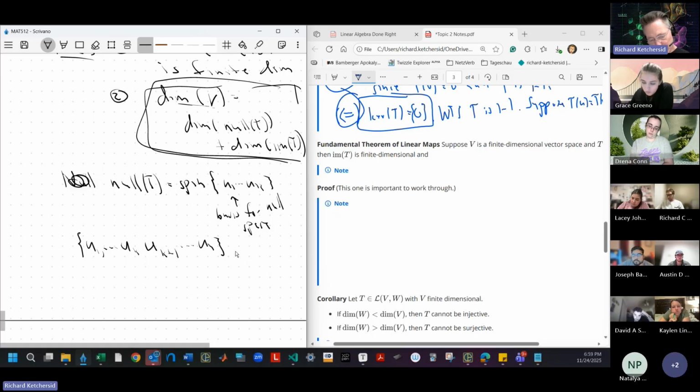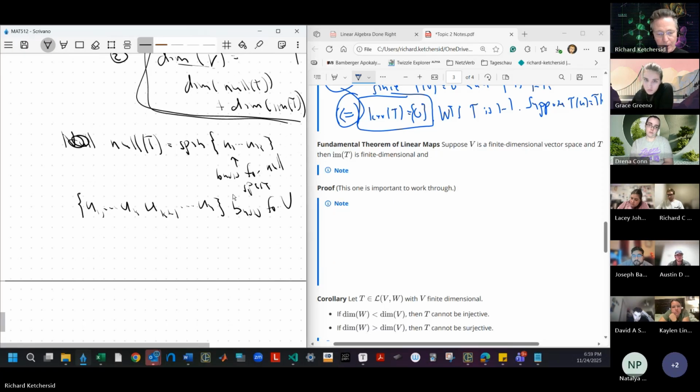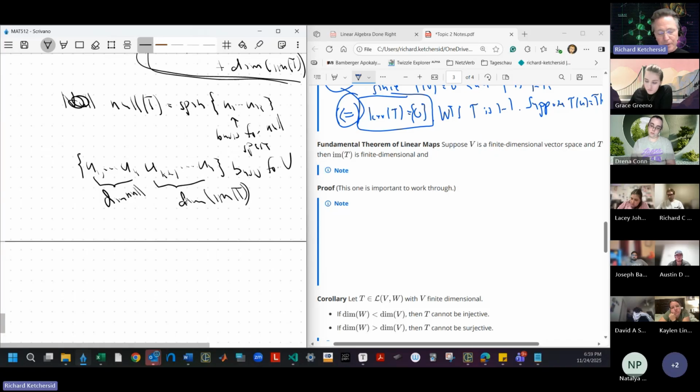This will be a basis for V. Now k is the dimension of the null space, because that's how it was chosen. I need to show that this is the dimension of the image.